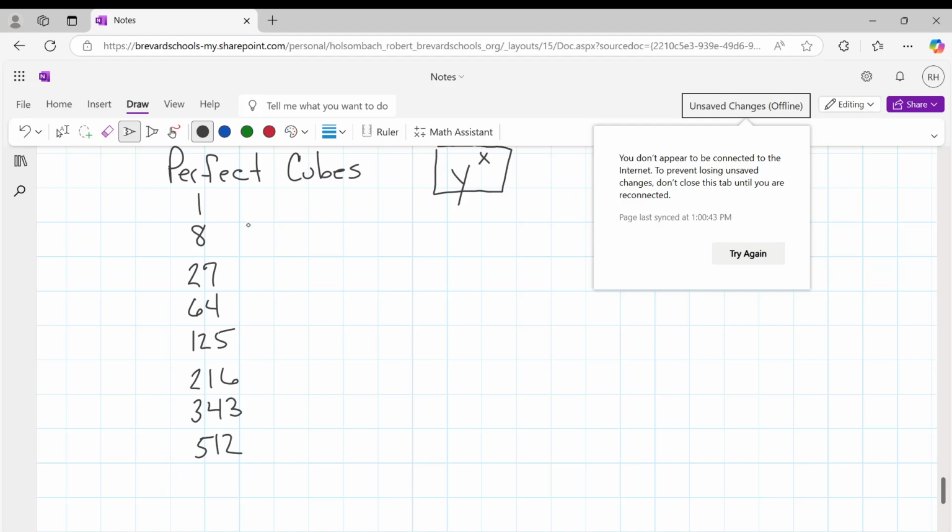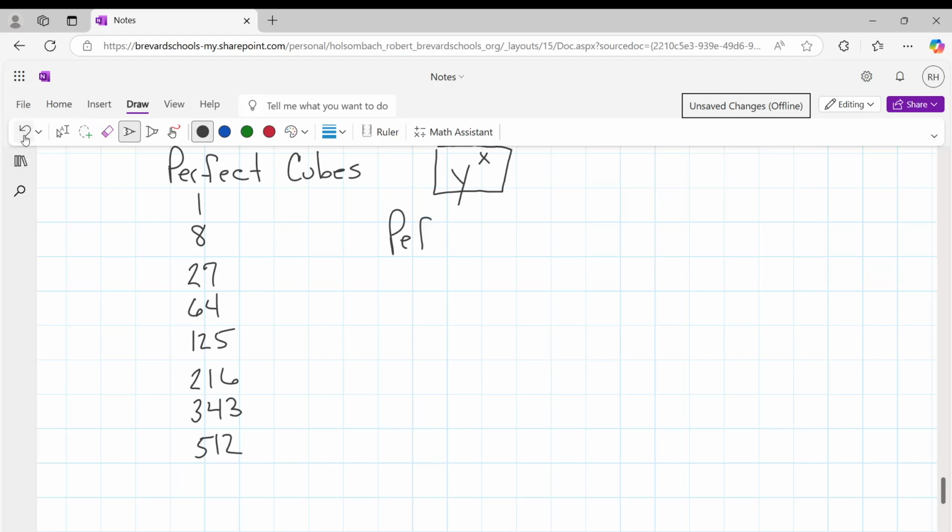All right, so those are your first 8 perfect cubes. So another column, perfect fourth roots.